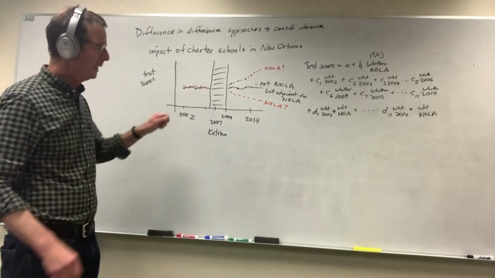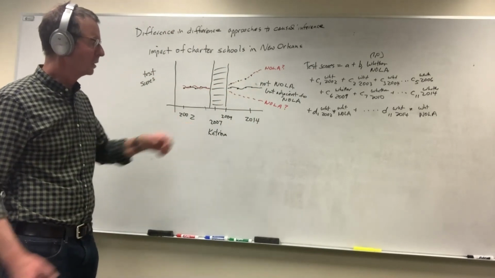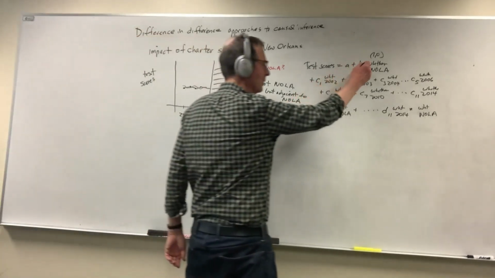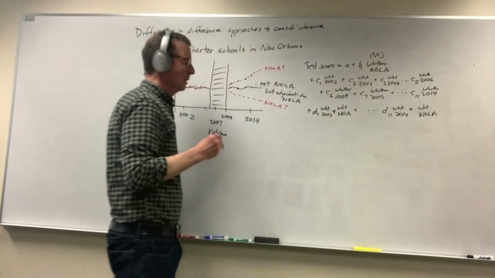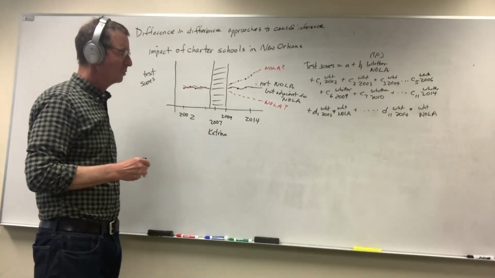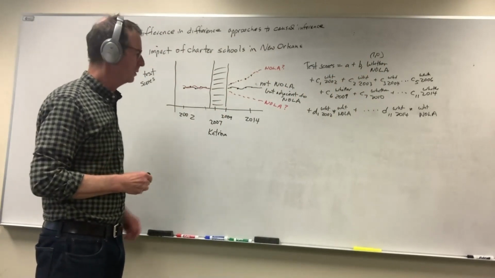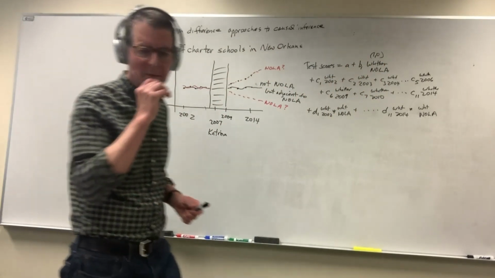So by tracking this pattern of coefficients on these interaction terms, main effects are taken care of with B1 and the C's. The interactions are telling us whether the NOLA schools have a different time series than the non-NOLA schools. So that's the basic idea.